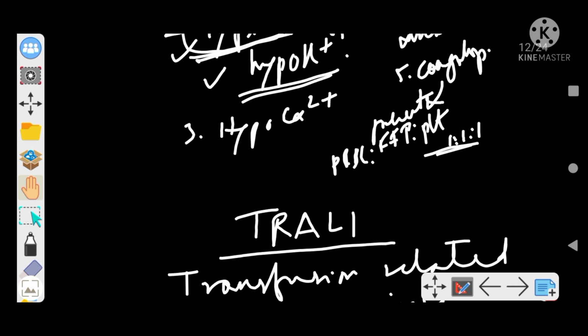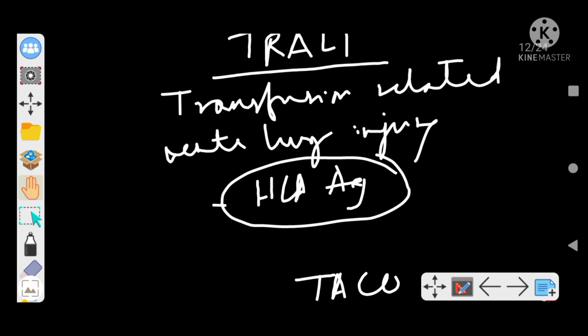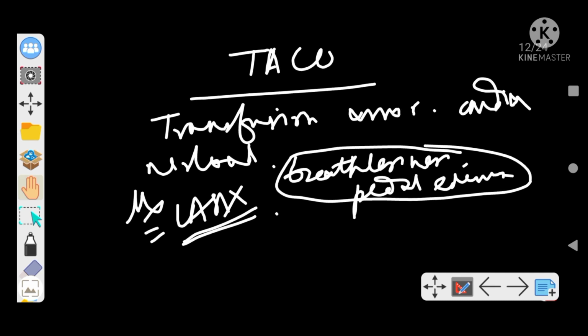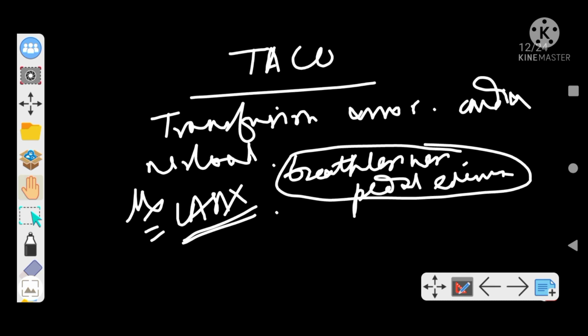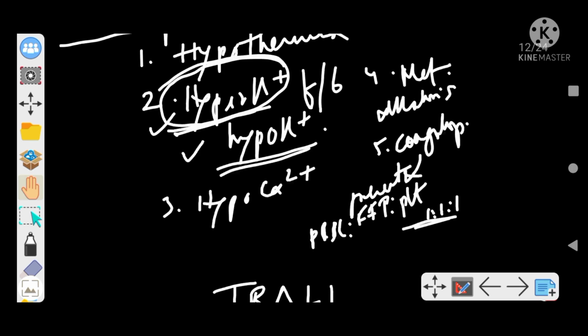To prevent coagulopathy, we will use packed RBC to FFP to platelet in the ratio 1:1:1. Talking about TRALI, I mentioned that TRALI is transfusion related acute lung injury, the main cause being the HLA antigen. Talking about TACO, I mentioned that it is transfusion associated cardiac overload, where the complaints of the patient are breathlessness and pedal edema, and the management is with Lasix, right?